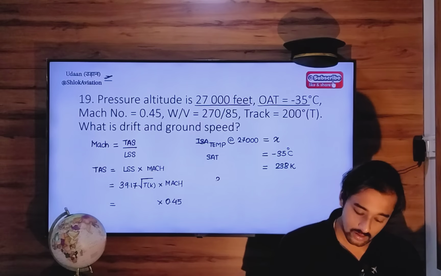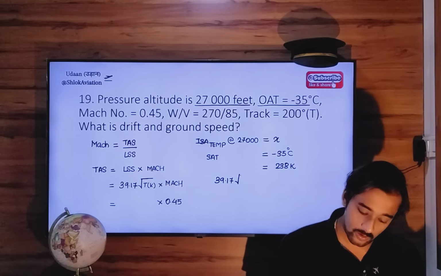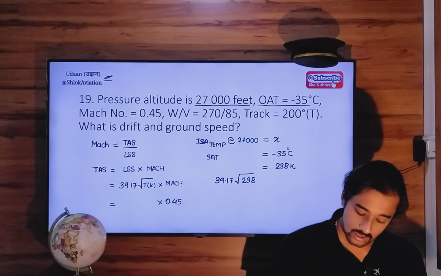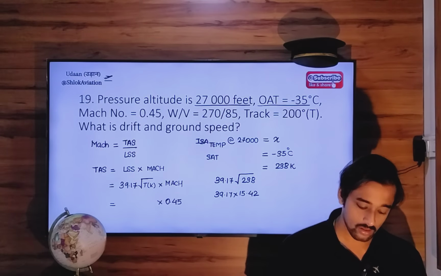39.17 times square root of 238. Square root of 238 is 15.42 something. So 39.17 into 15.42 is 604.